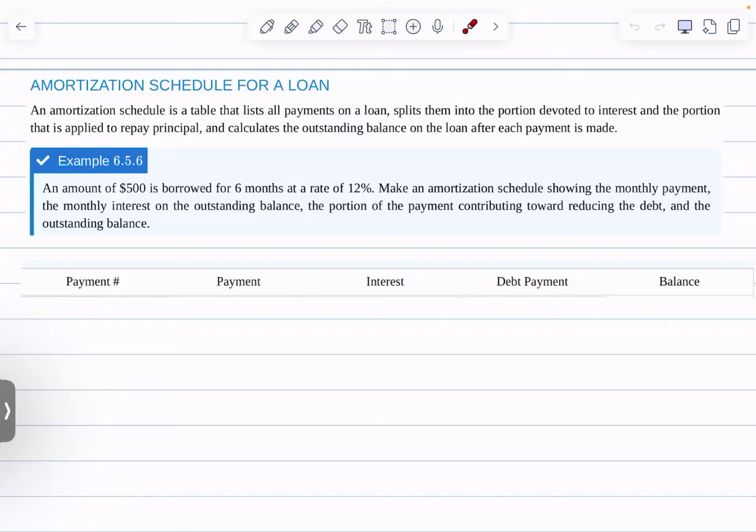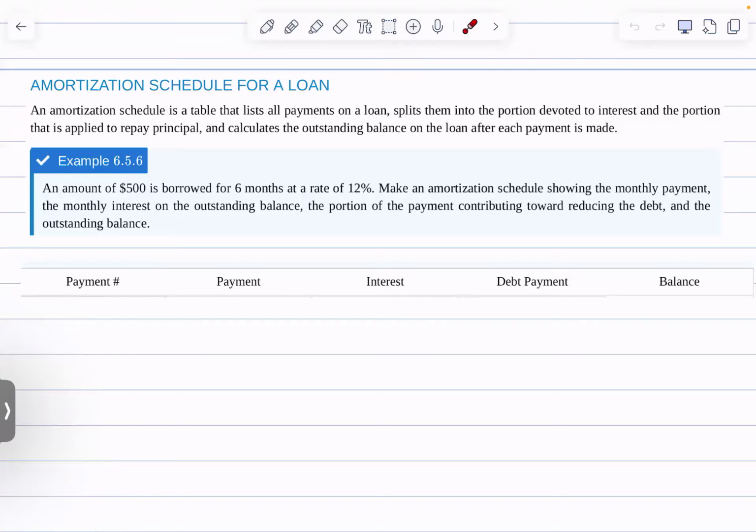And so even though we make the same payment every month, at the very beginning of the loan, most of that is going towards paying off the interest, right? Because we've committed to paying interest, and the bank says, first things first, we're going to take our interest, and then we'll use the rest to pay off your loan.